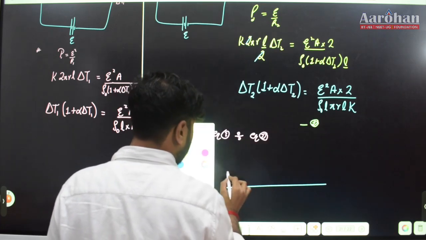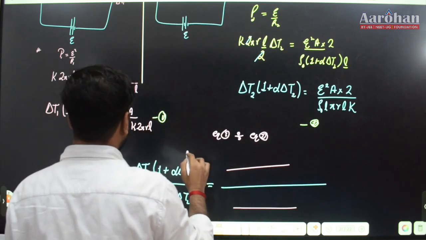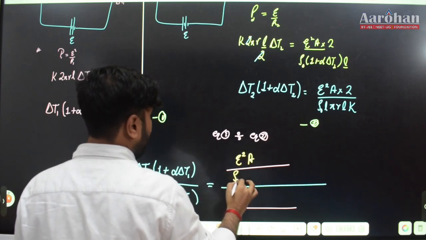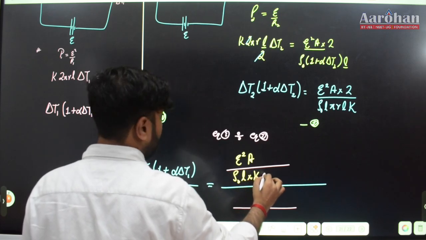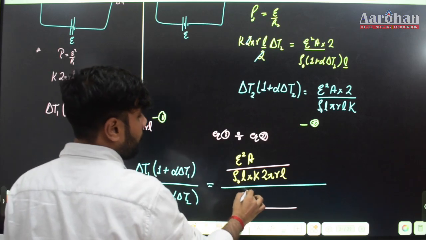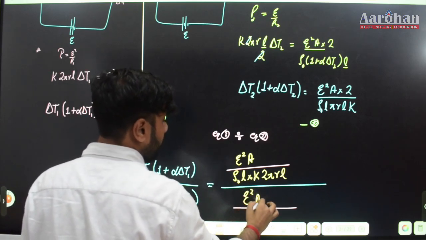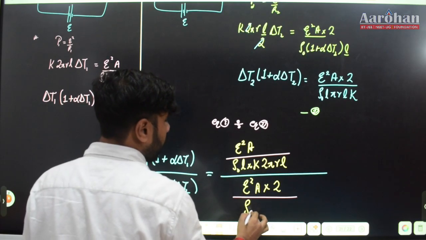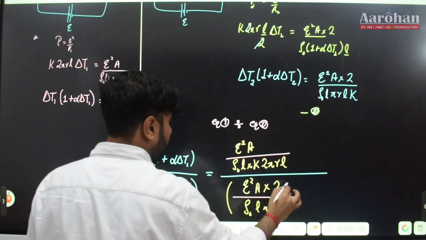You will have two terms, right? Here in the numerator you will have E square A by rho naught L times K 2 pi R L. In the denominator you will have E square A times 2 by rho naught L pi R K, right?